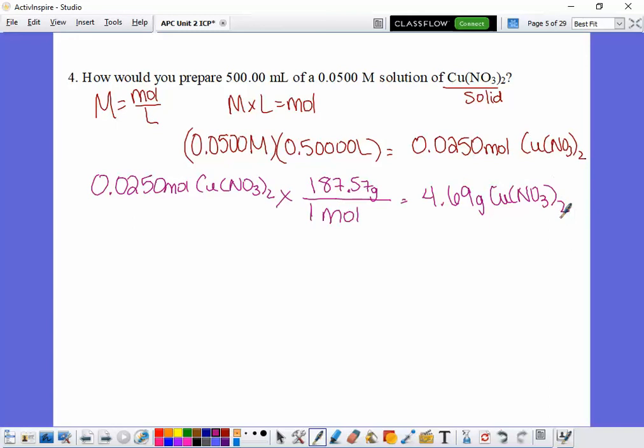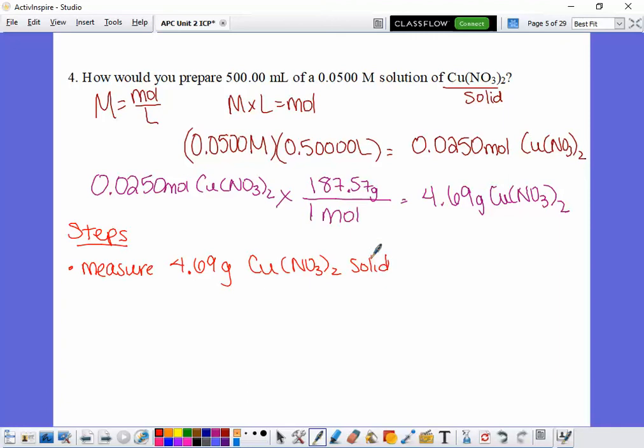Right, so now the actual steps for what you're going to do to actually make this solution. So you would need to measure out the 4.69 grams of copper 2 nitrate. It's really the only thing you can do with solids is find the mass of them.